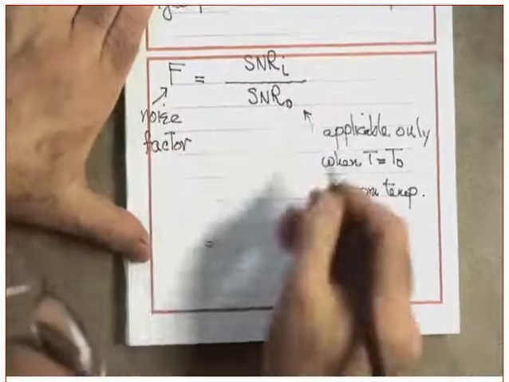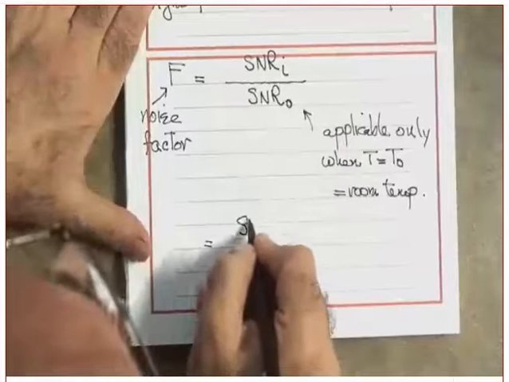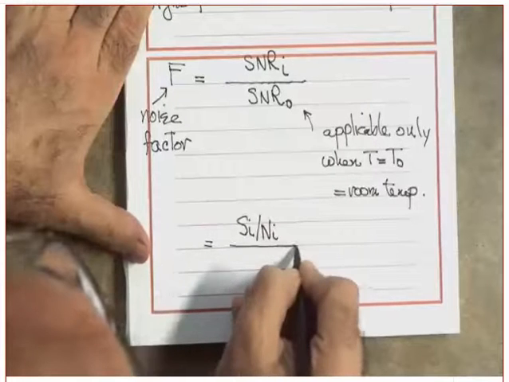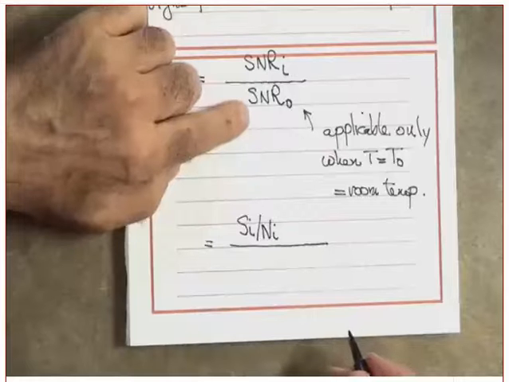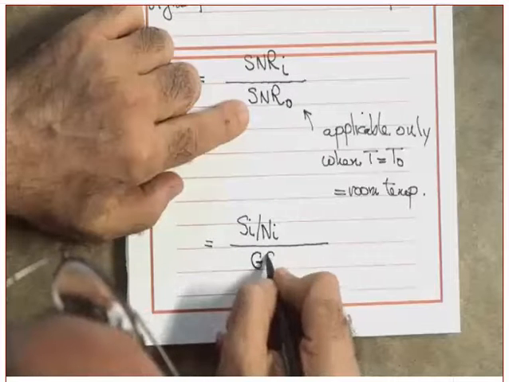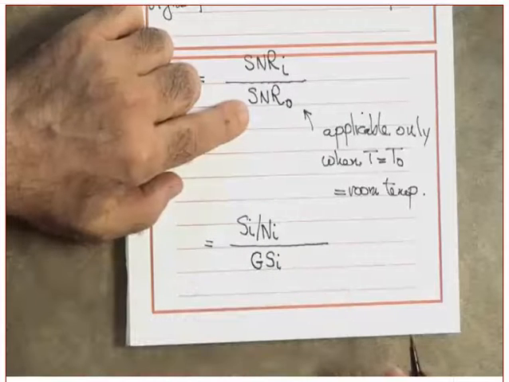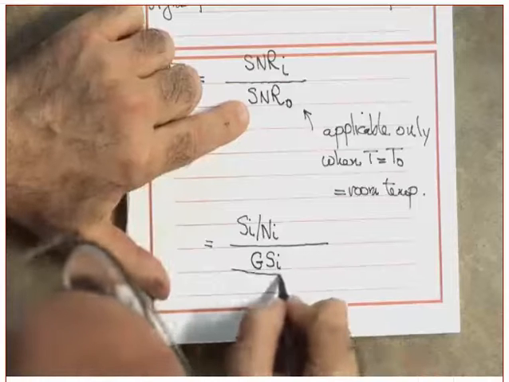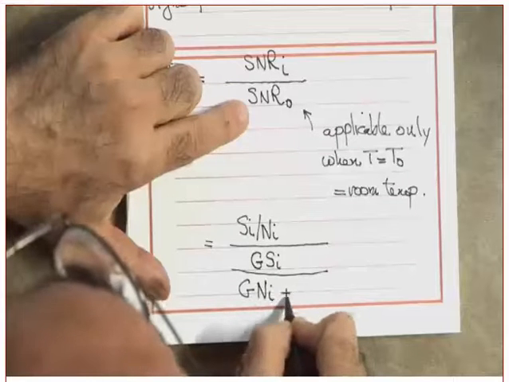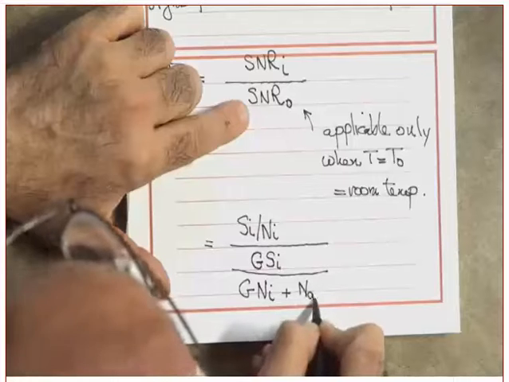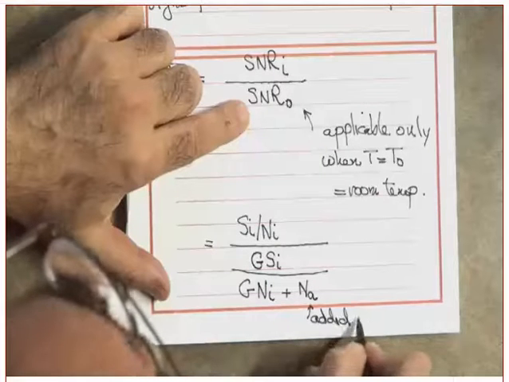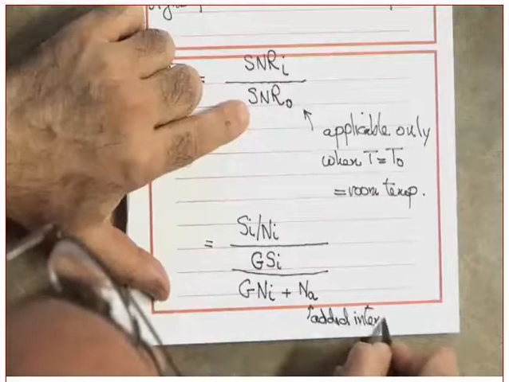Okay, so what do I have? SNR, which is SI divided by NI. What is the output signal power? The output signal power is G SI, divided by G NI plus NA. A means added internally.